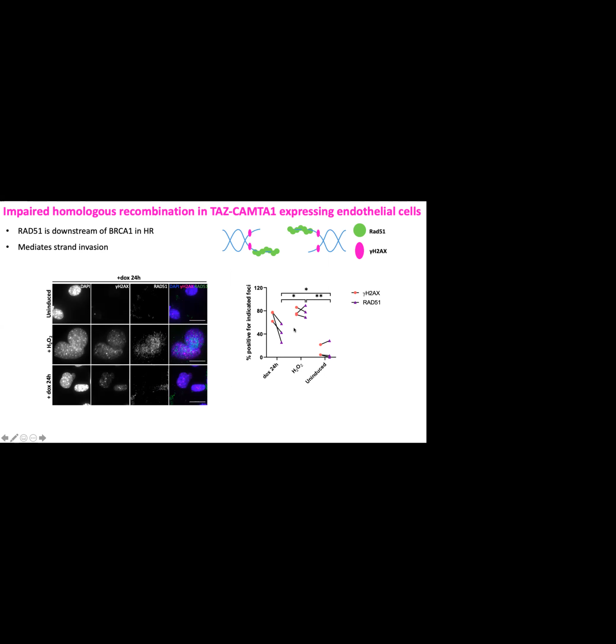So you can see, again, similar amounts of gamma H2AX in the dox and the peroxide controls, but significantly less RAD51 deposition. So this is suggesting to us that you have all of this damage, but the TAS-CAMTA1 expressing cells seem to struggle to repair it as well as the non-TAS-CAMTA1 expressing counterparts.